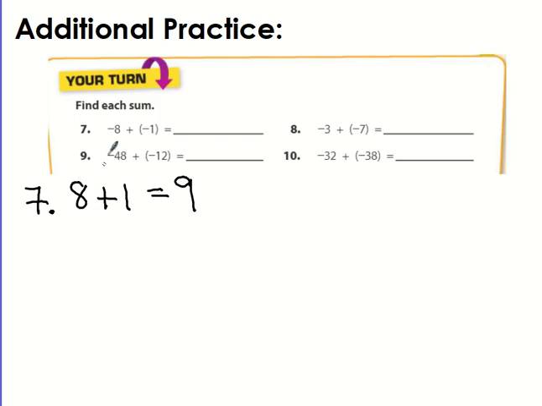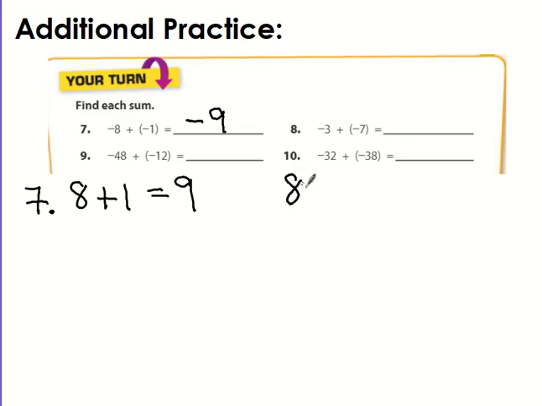But because these are both negative in my original problem, my answer would be negative 9. So that's how you can apply the rule without having to draw all the absolute values. At this point, I'd like you to pause and do problems 8, 9, and 10 on your own. Once you've completed those 3 problems, push play, and I will work them out, and we can see how that went.